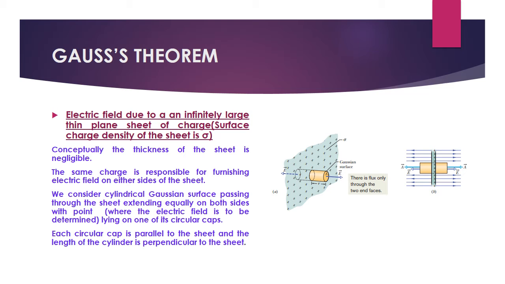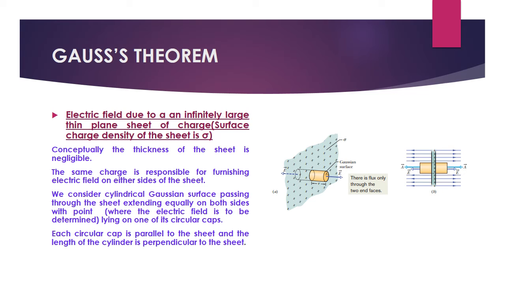Conceptually, this thin sheet refers to a sheet consisting of a single layer of charge. That means the same charge at any point on this sheet is responsible for furnishing electric field on both sides of the sheet.